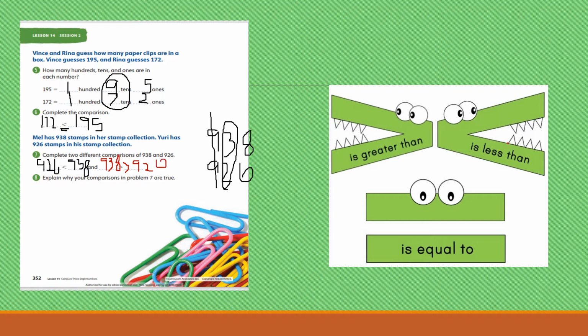And it's going to read 938 is greater than 926. Explain why your comparisons in problem 7 are true. They're true, boys and girls, because you compared the hundreds, the tens, and the ones. You found which ten was greater.